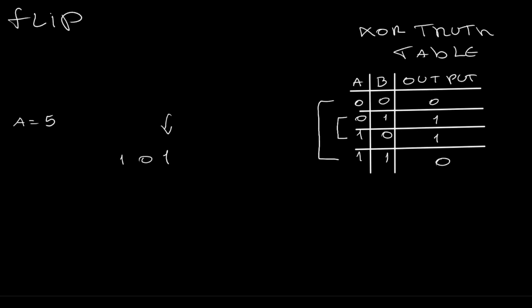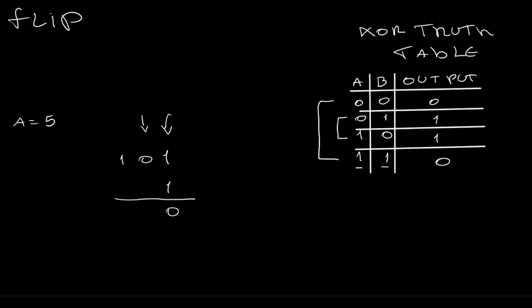All I need to do is to perform an XOR operation passing the value 1. So in this case I have 1 and 1. If we look at the table, we see that when I have 1 and 1, I have 0 in the output. So for the second bit I have 0.